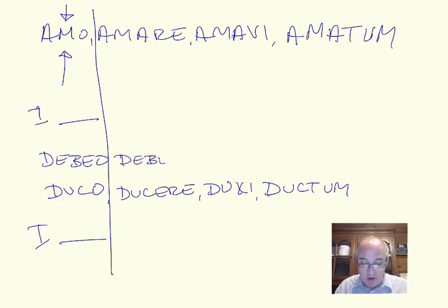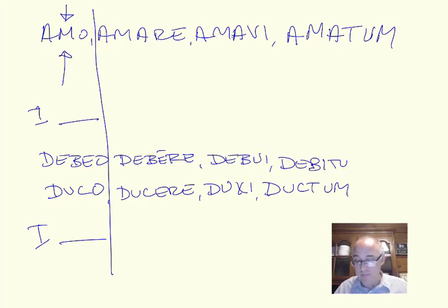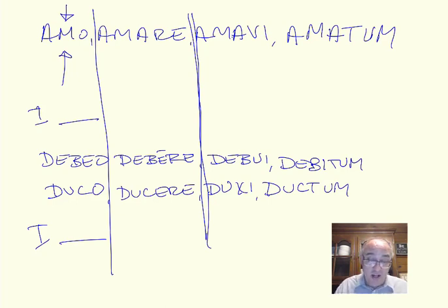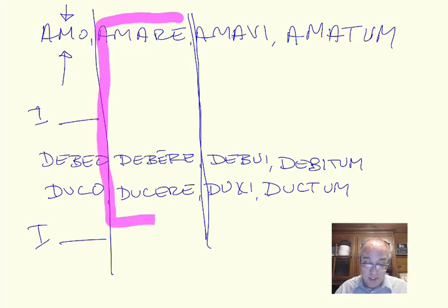By the same token, let me finish writing this out. Debeo, debere, debui, debitum. For all other forms of the present, you are going to use that second principal part.